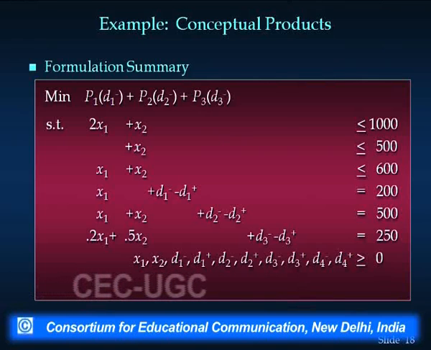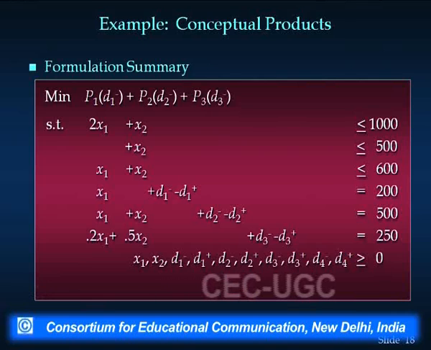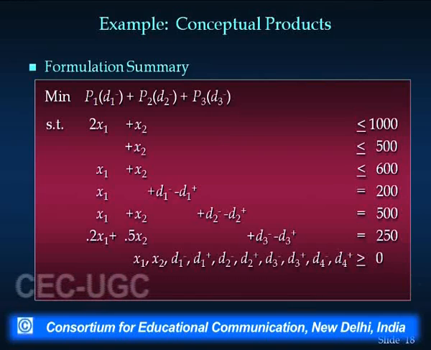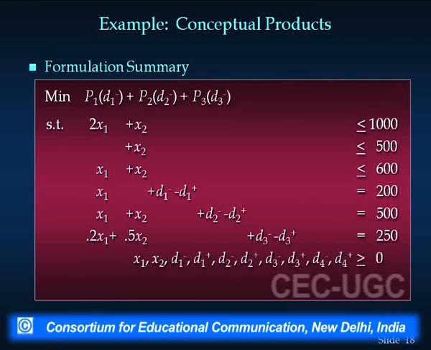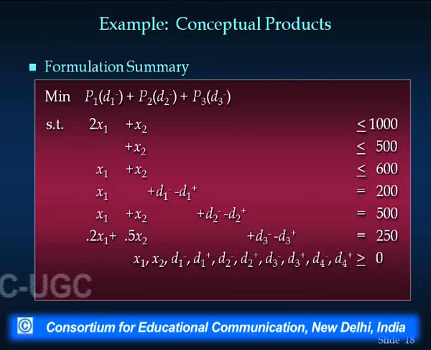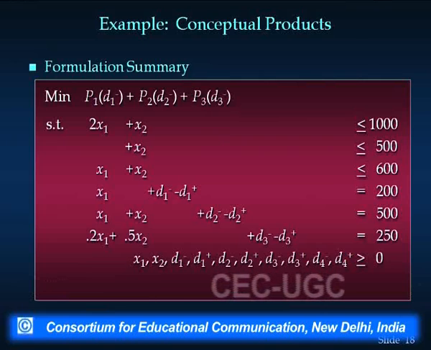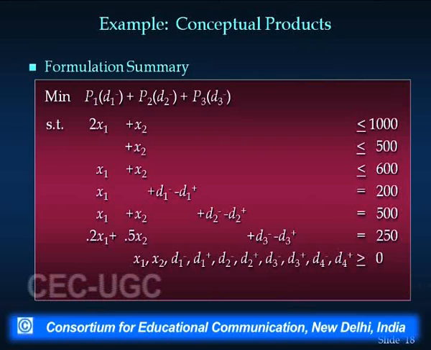The first goal constraint is x1 plus d1 minus d1 plus equal to 200, which is a state contract. The next priority is x1 plus x2 plus d2 minus d2 plus, again equal to 500. The last goal is 0.2 x1 plus 0.5 x2 plus d3 minus d3 plus equal to 250.